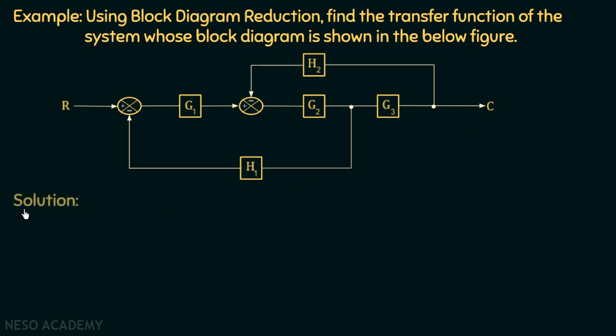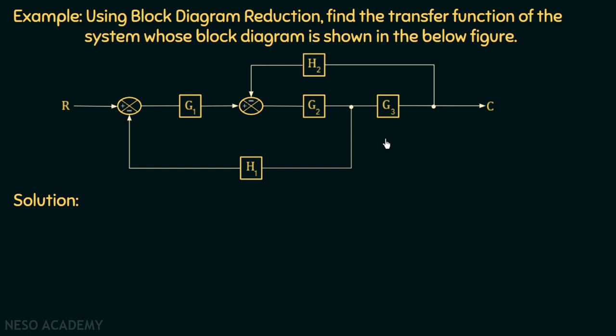So moving on to the solution, firstly we need to observe this block diagram representation and think from where we can start the problem. Block diagram reduction is a step-by-step approach in finding the overall transfer function. And if we pick the correct point at the very first step, then it makes the problem very simple.